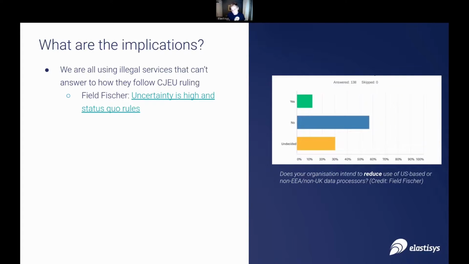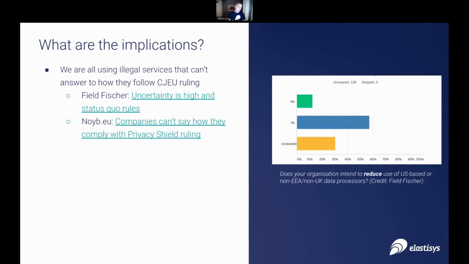There's a lot of uncertainty, so a lot of people have no idea how they will go forward. And there's also a lot of status quo. There's a ton of work involved in actually moving workloads and switching providers. So until further notice, a lot of organizations, especially those that don't worry a lot about compliance on a day-to-day basis, are just sitting tight and holding on.